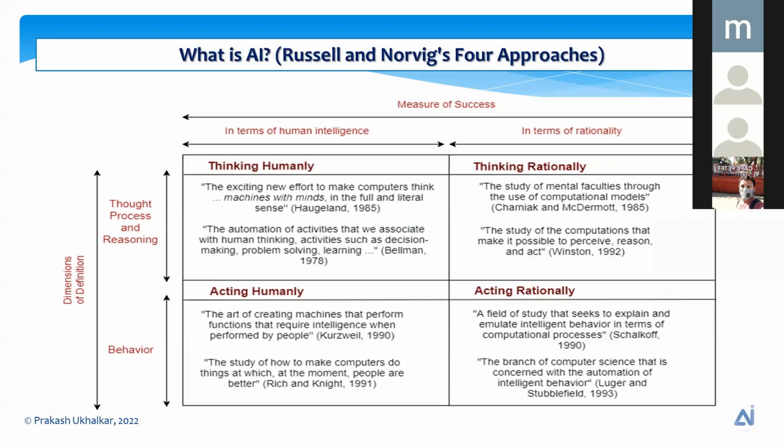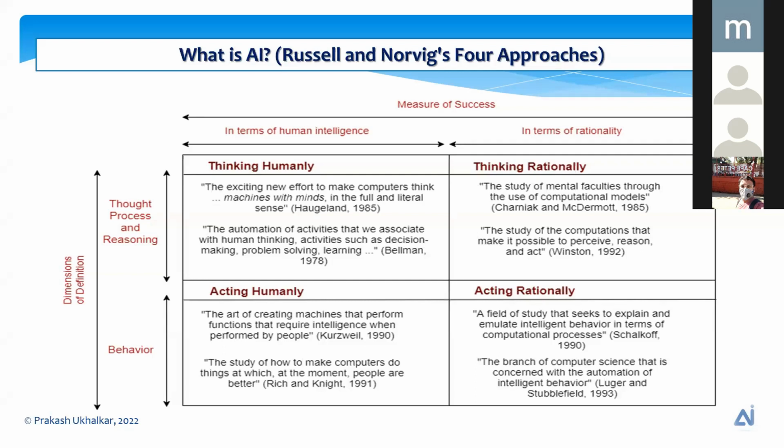Now let us look at this. What is AI? This is Russell and Norvig, the famous authors of the book Artificial Intelligence. They referred to the definitions and the way AI technology is understood and implemented by other authors and researchers, and they took some definitions out of it.